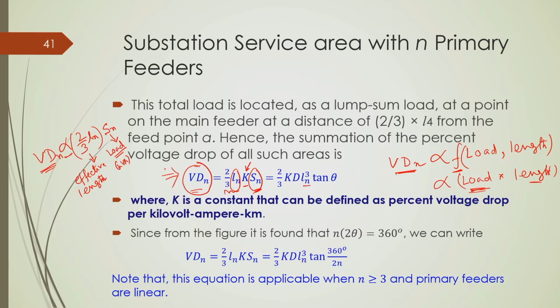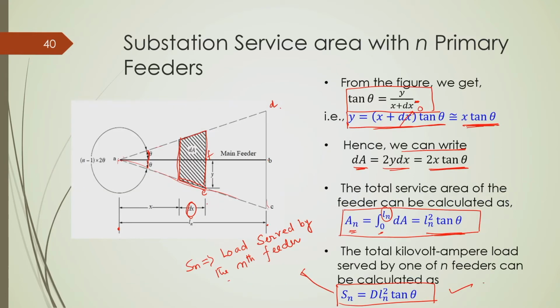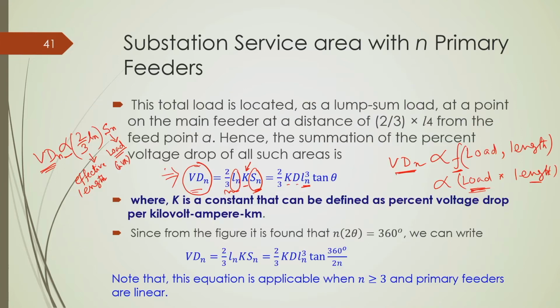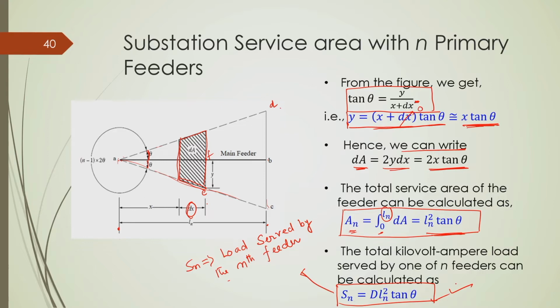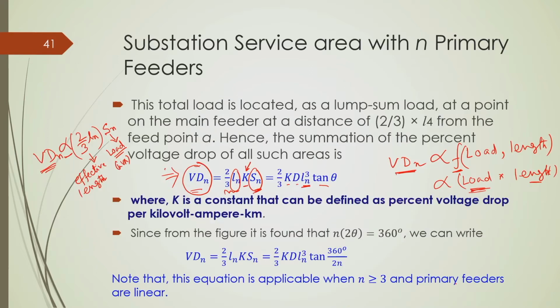So, this will give you Ln cube, and d will come because of Sn, and k is the constant parameter, and tan theta comes because of these expressions. Once you get that, this will represent a generalized form of the expression for voltage drop.